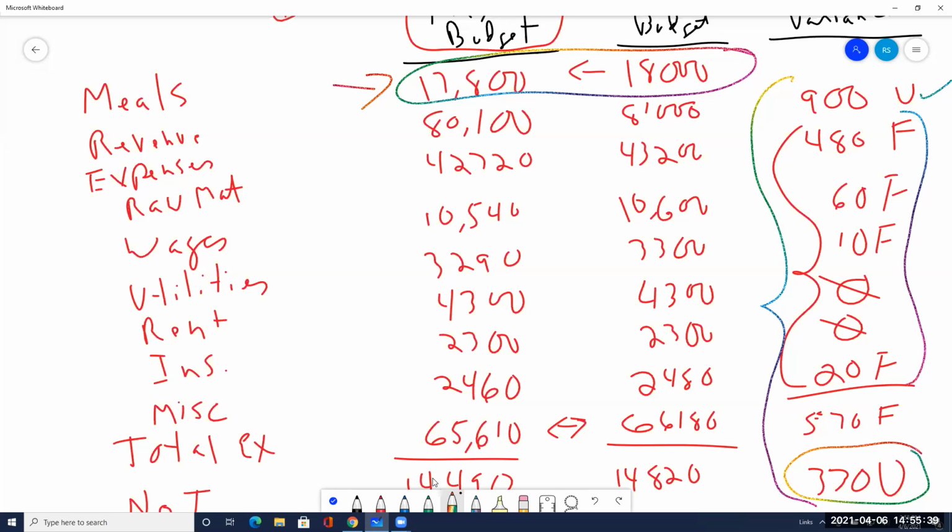So let's continue and go on to exercise 9.3, and I am on page 426.